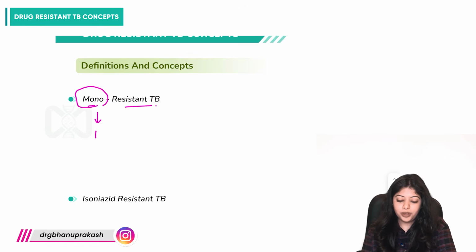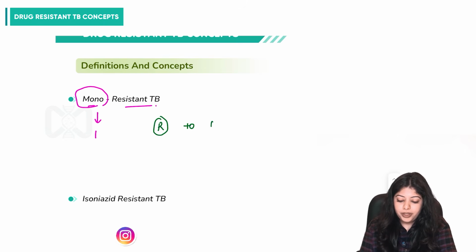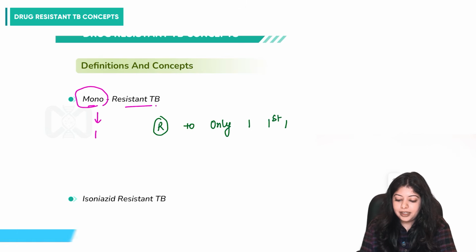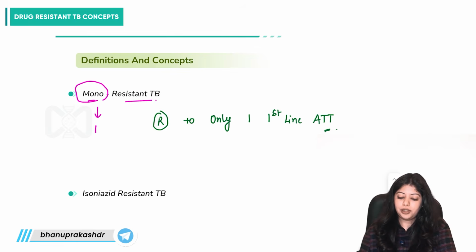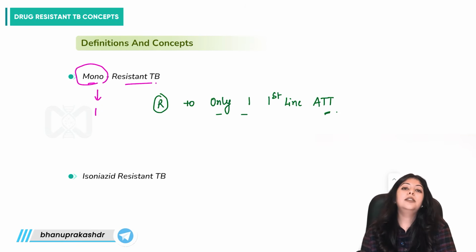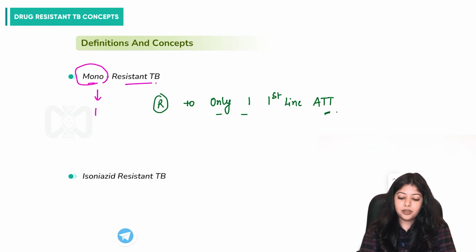That's the only thing we need to remember: resistance to only one first-line anti-tubercular drug, ATT, right? So, what are the first-line anti-tubercular drugs?